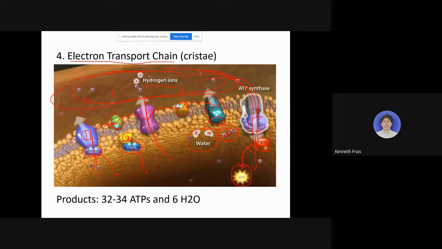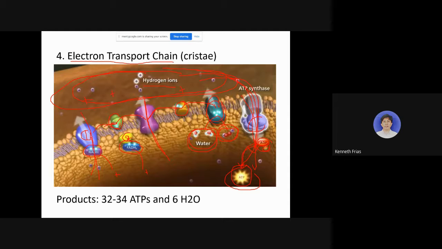So that means one oxygen molecule plus four hydrogen ions plus four electrons will produce two molecules of water. So that means as lots of ATPs are produced through the process of oxidative phosphorylation, water is also produced because of the action of the oxygen molecules accepting the accumulated electrons in the electron transport chain.